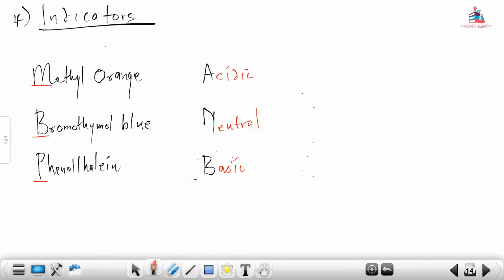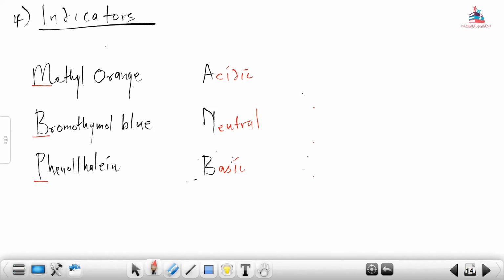But how does one create a solution that is acidic? How does one create a solution that is neutral? How does one create a solution that is now basic?